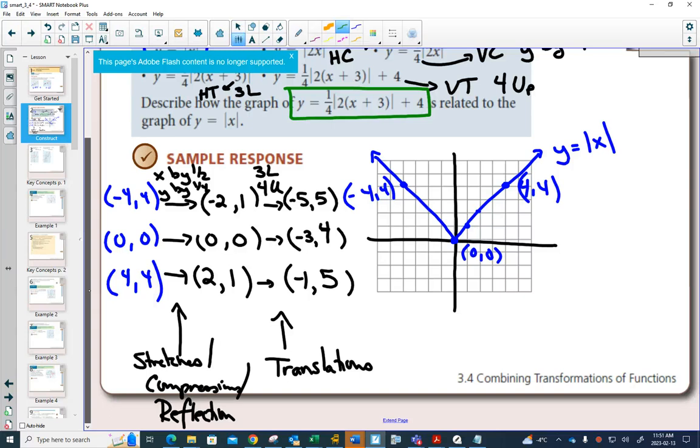Now I'm going to label those points. -5, 5, -3, 4, and -1, 5. And there is the graph of the green one. It has had a horizontal compression, a vertical compression, translated 3 to the left and 4 units up.